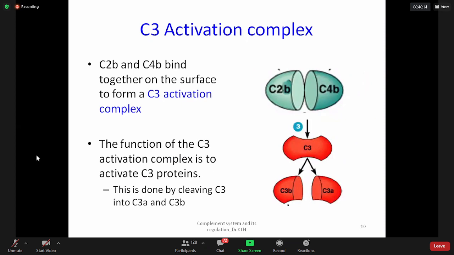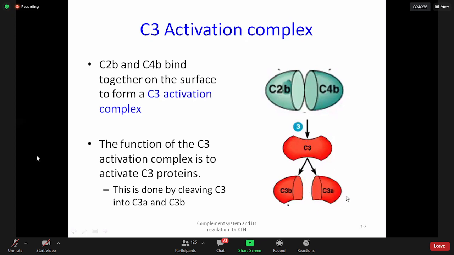This complex, its purpose is to cleave C3 into C3A and C3B, like you can see. So we start off with this C2B4B, which is our classical C3 convertase. It splits the C3 into C3B and C3A.